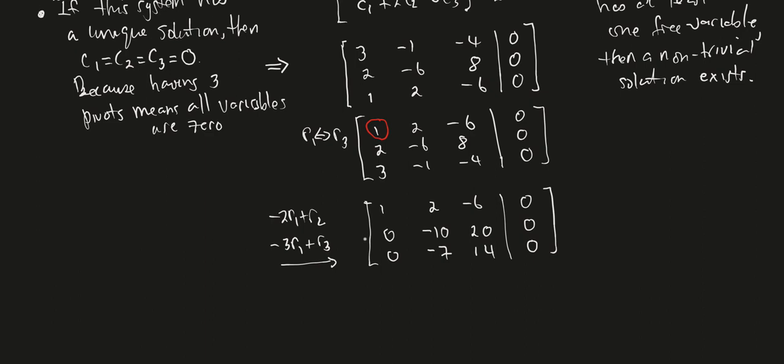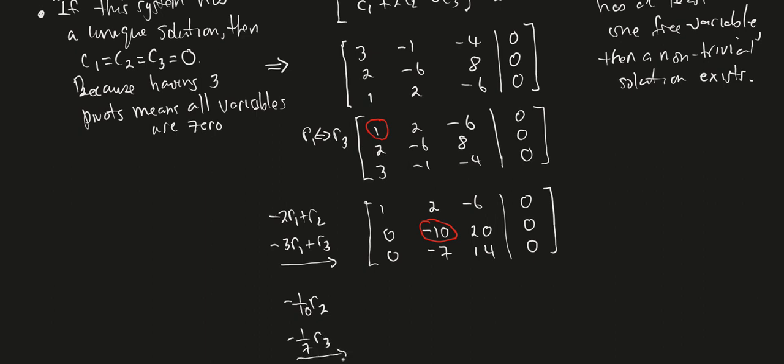Now, if we multiply the second row by -1/10, right, to get a pivot right here of 1, so -1/10 times row 2, and then looking at the third row, I notice these are also, in fact, let me go ahead and do this. Let's do -1/7 times row 3.